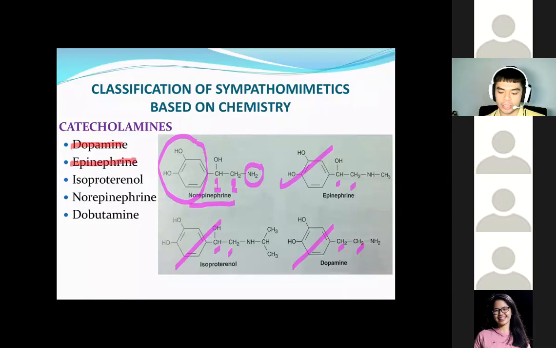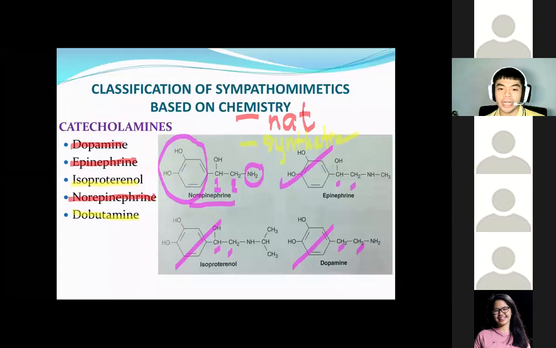Epinephrine, natural catecholamine. And norepinephrine, they are natural catecholamines. When we say natural catecholamines, for everyone's enlightenment, these are self-made by the body. Kaya natin itong gawin. What about for isoproterenol, yellow, and then dobutamine, yellow? They are synthetic.